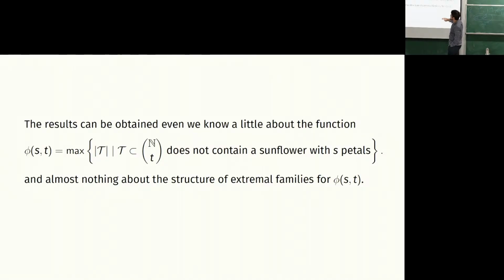And we know almost nothing about the extremal families T participating in this definition. We know it for some particular cases, T equals 2, and I'm not sure we know something about T equals 3, but in full generality we can say almost nothing about these families. But we can obtain all these results.